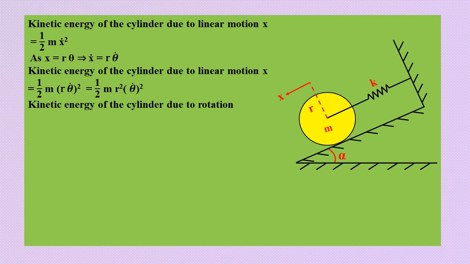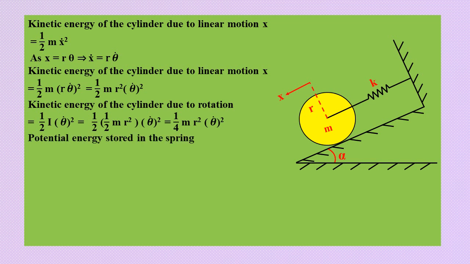Kinetic energy of the cylinder due to rotation equal to 1 by 2 I theta dot square. By substituting the value of I as 1 by 2 m r square, kinetic energy of the cylinder due to rotation equal to 1 by 4 m r square theta dot square.